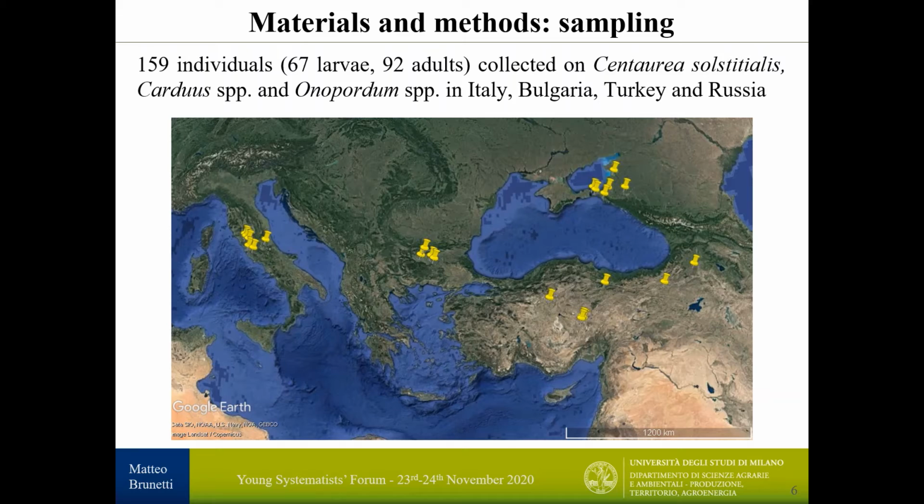So 159 individuals, 67 larvae and 92 adults, were collected from several localities within the native range of Psylliodes chalcomera. Adults were collected individually on plants that had adult feeding damage using an entomological aspirator, while larvae were collected by dissecting the stems of infested plants.